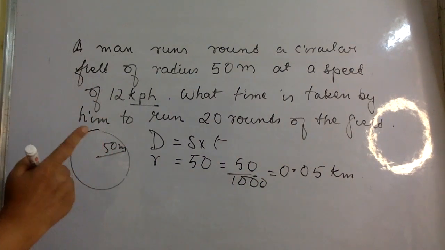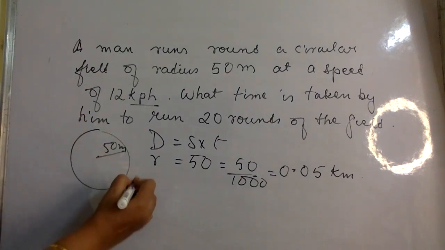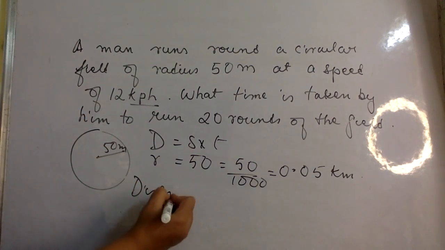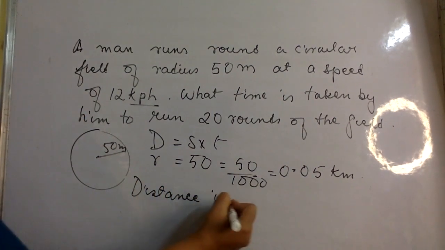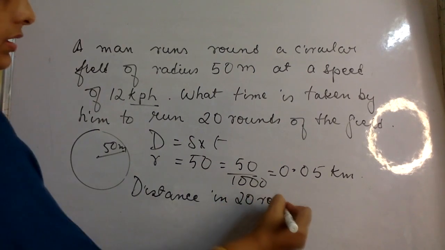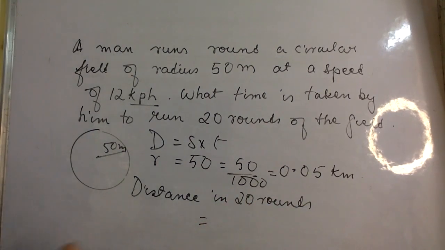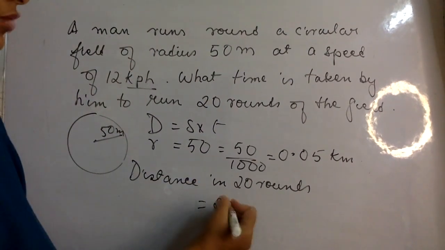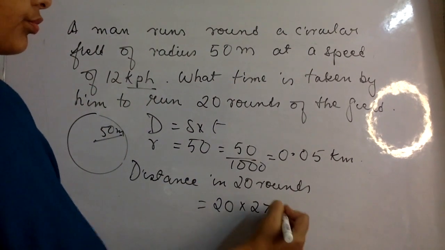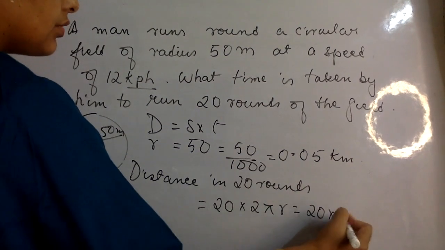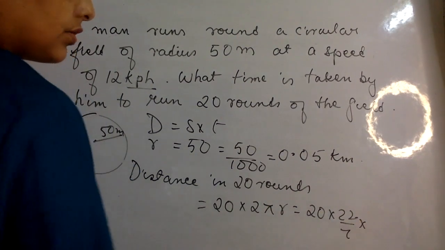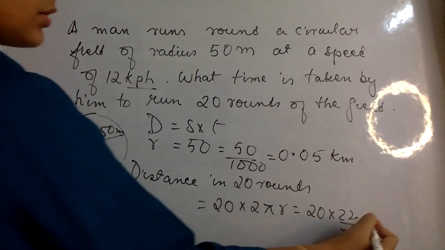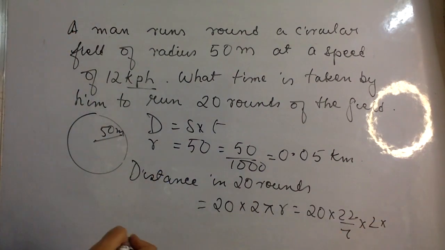Now we need the distance in 20 rounds. Distance in 20 rounds is what? In one round the distance is 2 pi r. So in 20 rounds it is 20 into 2 pi r, which is 20 into 22 by 7 into 2, sorry I missed the 2, into how much?